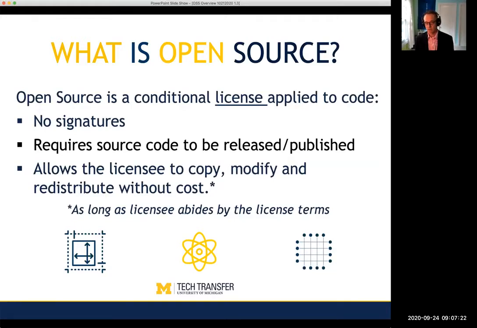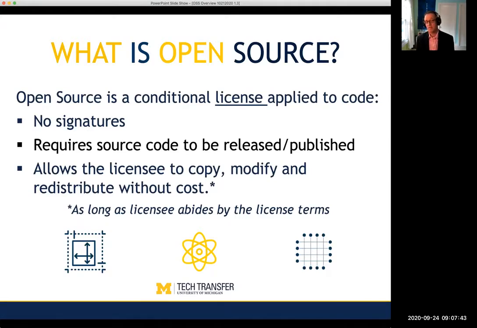There's a license that goes with the code that you receive that's been released or published, and that's how it works. And the other key to it is that the source code, the actual underlying ground-level code, is published and made publicly available.